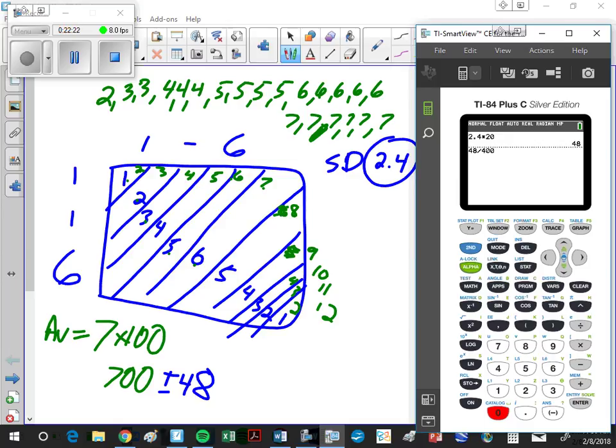Did I mess that up? Oh, we're doing 100 draws. Sorry. It's 2.4 times 10, not 20. So I just used the wrong number of draws. Okay? Right. So 700 plus or minus 24.